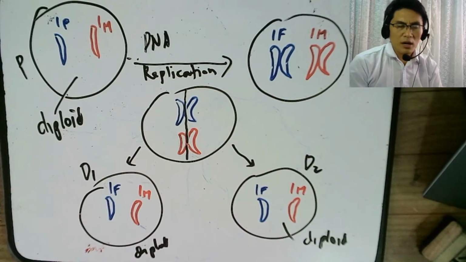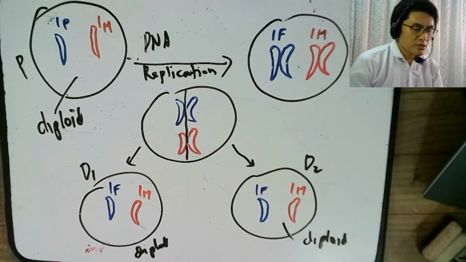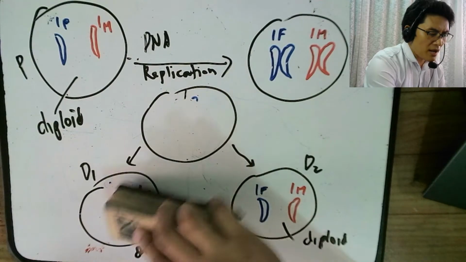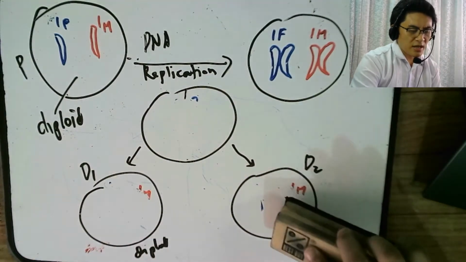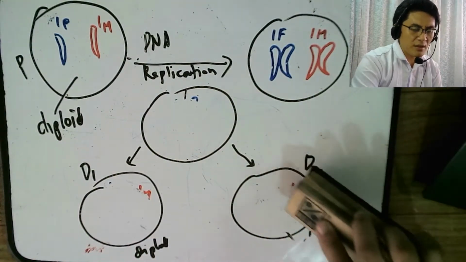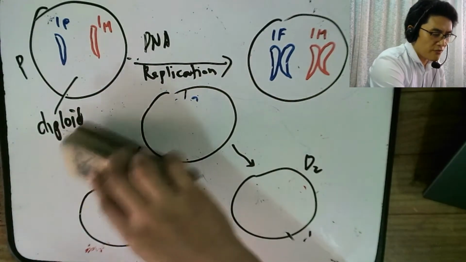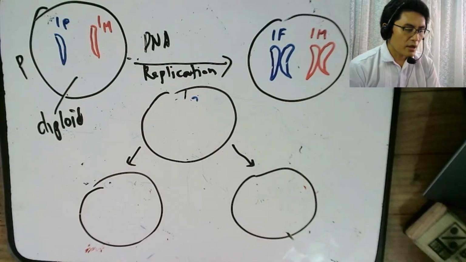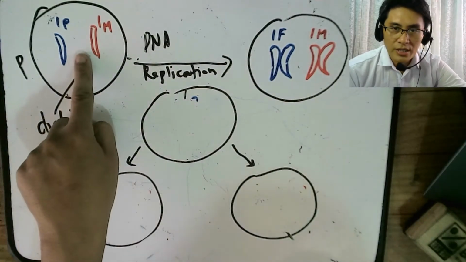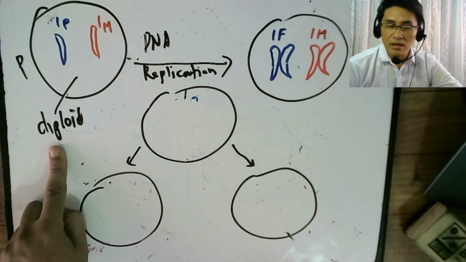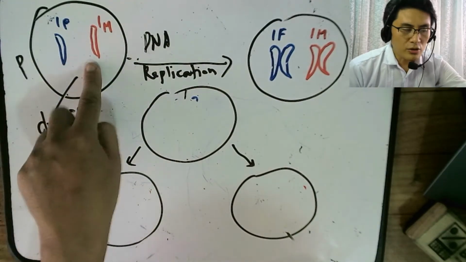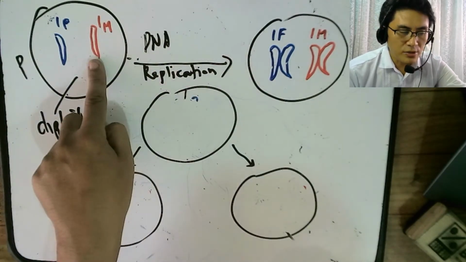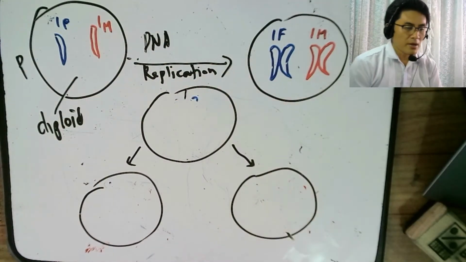So now we go into meiosis, right? In meiosis, the process is similar, but there are certain noticeable differences that make it produce different results. It still starts with a diploid cell, and then it undergoes replication, so that chromosome develops a sister chromatid, and that chromosome develops a sister chromatid, just like this one.